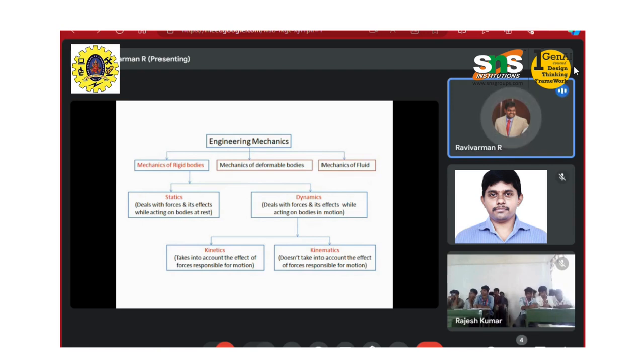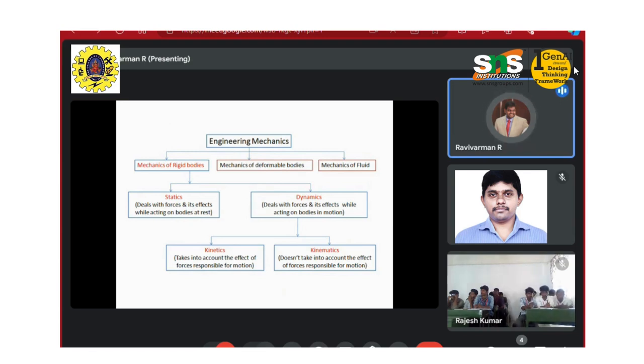Engineering mechanics is the preliminary subject, where we study the mechanics of rigid bodies, whereas we have other bodies like deformable bodies, studied in solid mechanics and fluid mechanics. Under rigid bodies, we have two types of motions. One is static, and the other is dynamic.